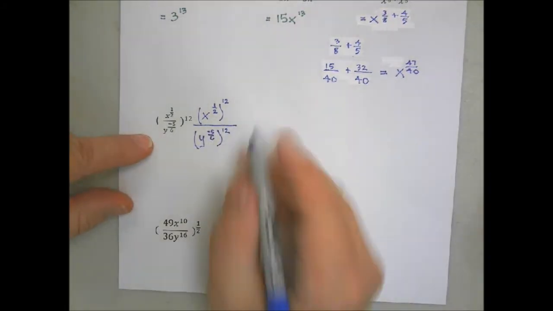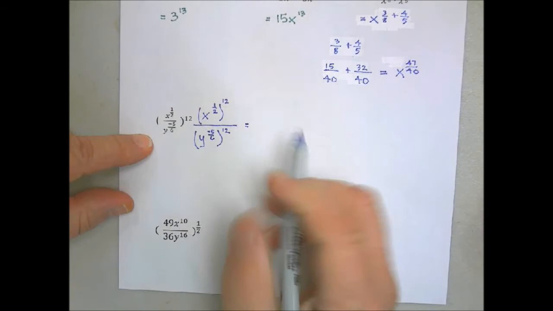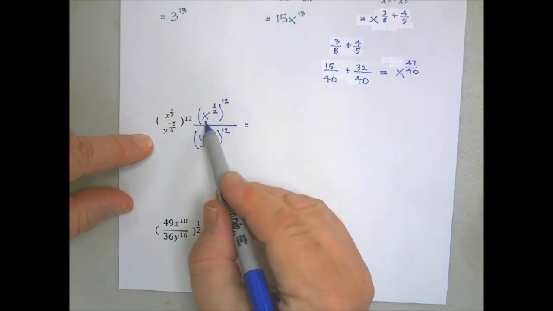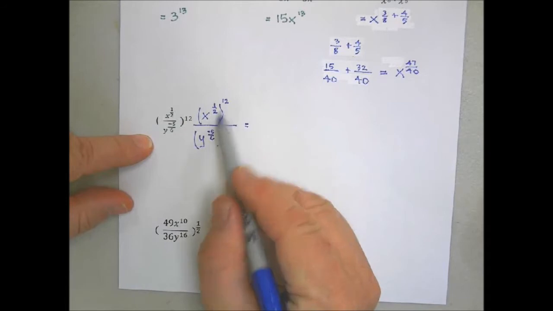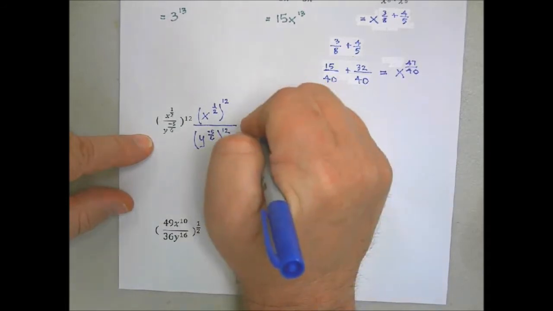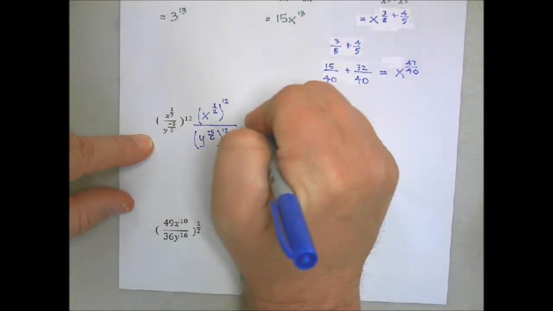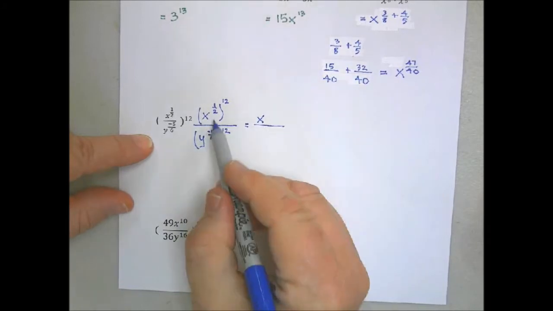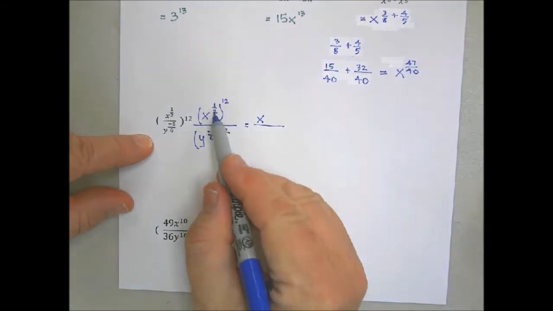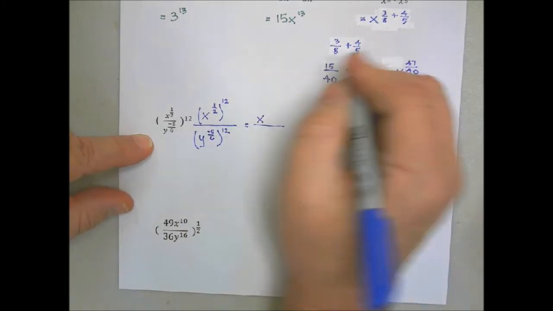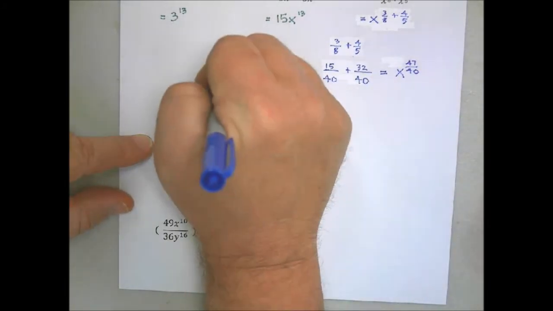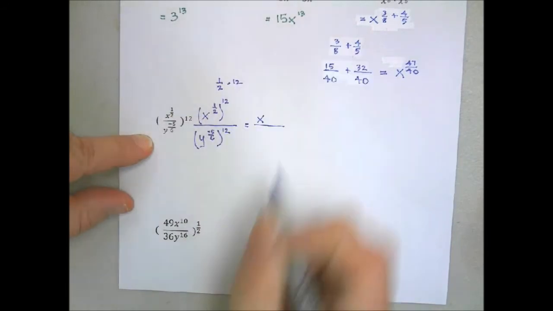So you see right there how I gave the 12th power to both the numerator and the denominator. Well, now I'm going to use the rule of what do you do when you raise a power to a power? Well, you multiply. So on the numerator, it would be x raised to whatever 1/2 times 12 is. Well, over here, I'll just show you 1/2 times 12.